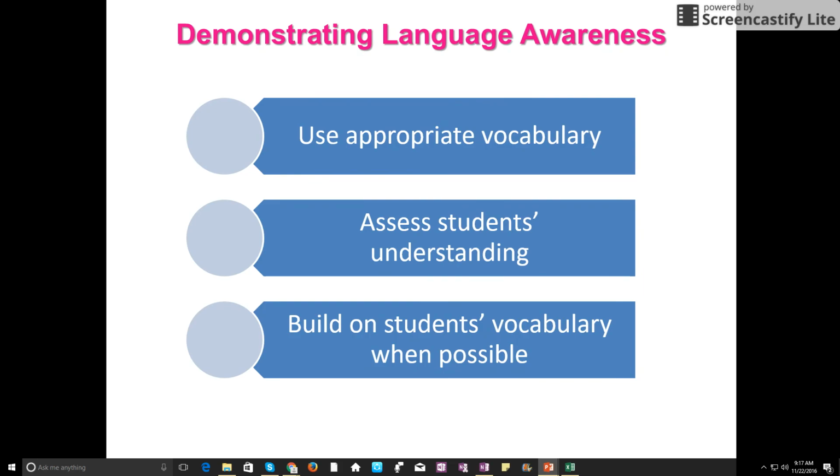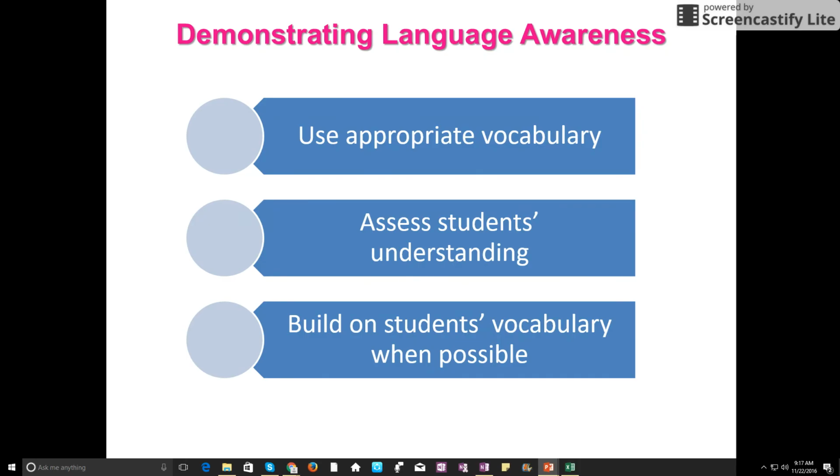So again, going back to that example of enthusiastic, let's say one of the students was able to give a definition. Have them give that definition rather than you giving that definition. So this would encourage the students to teach each other, really highlighting this part of your lesson and making it enjoyable for everyone in the class.